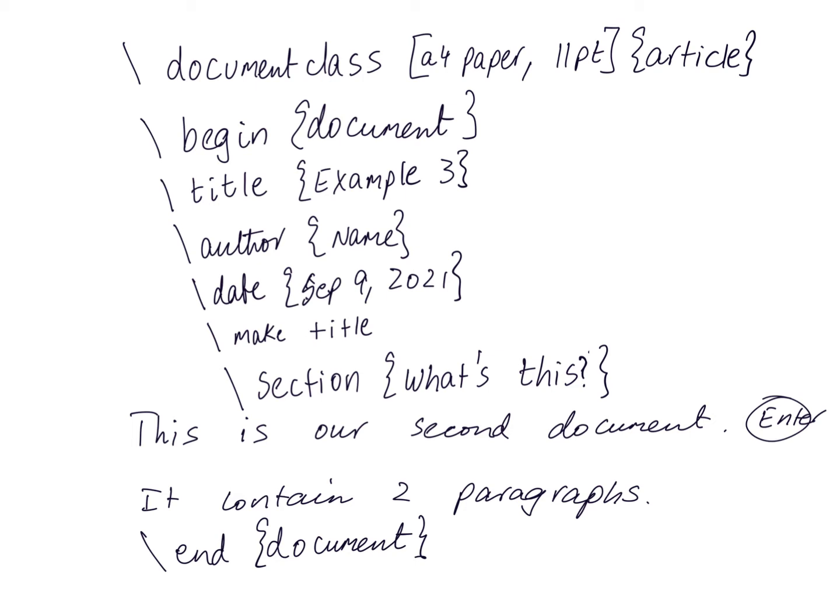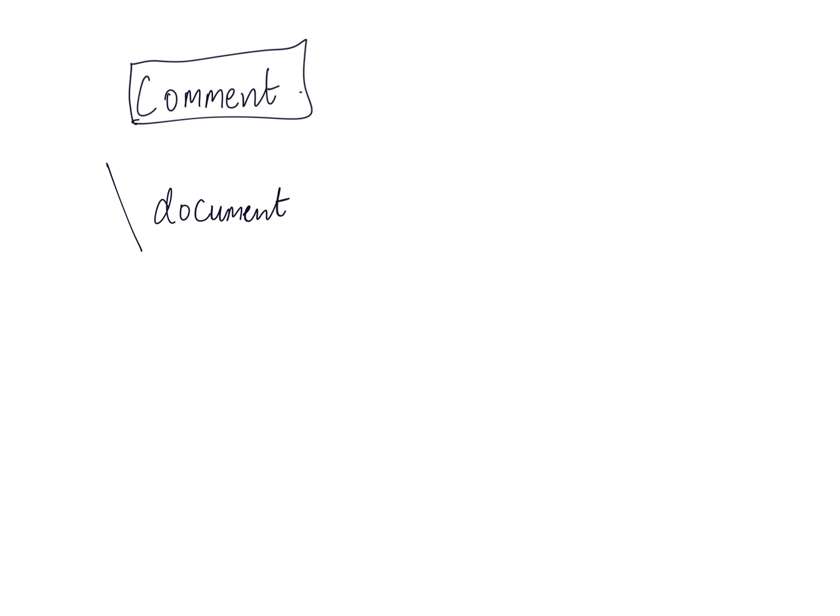Okay. So if I want to make a comment, the reason why I'm making a comment is I want to save it so that it describes what is happening. So for example, if I took the first statement, document class, and I put A4 paper, 11 point, and I put the argument as article.